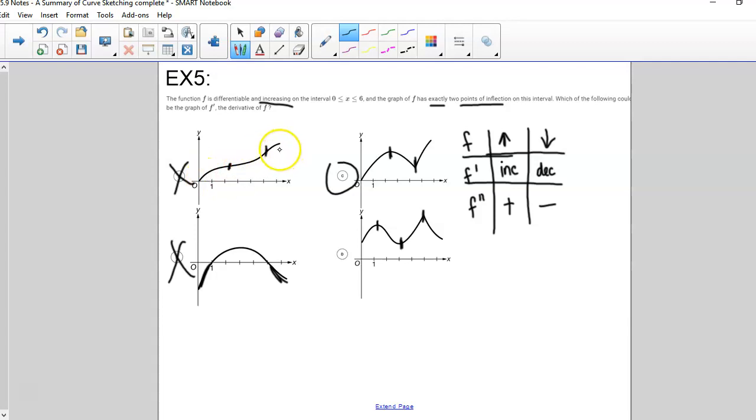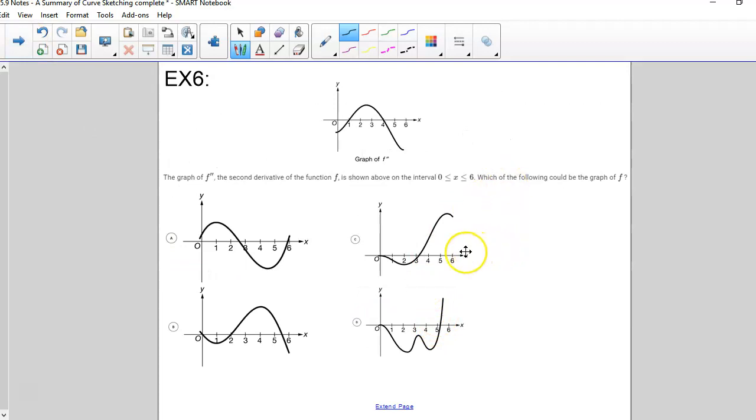So this could be the graph of f, but it doesn't ask for f, it asks for f prime, so that is not your answer. And so whatever they're describing, they're probably not asking you for that graph.